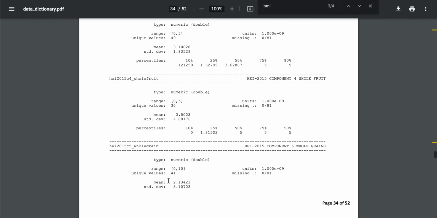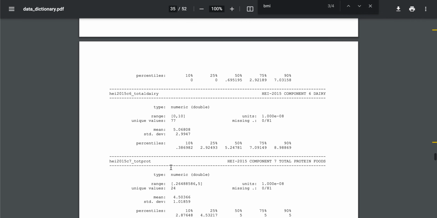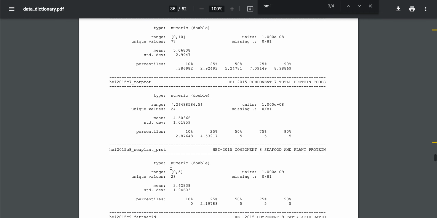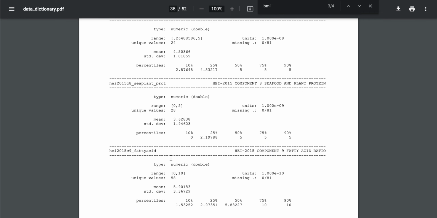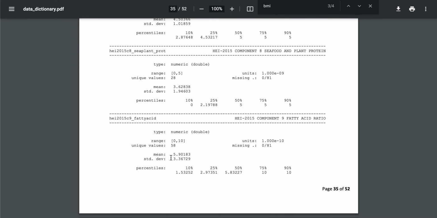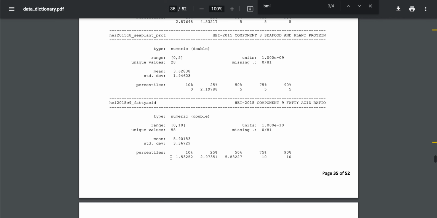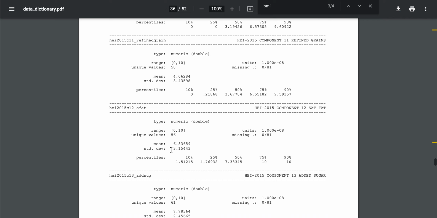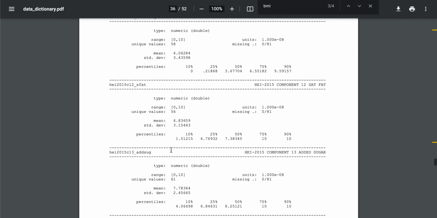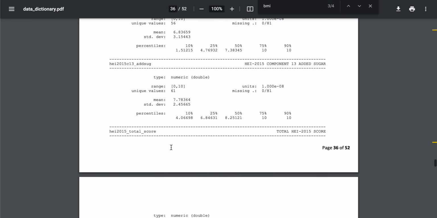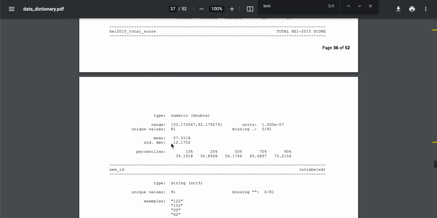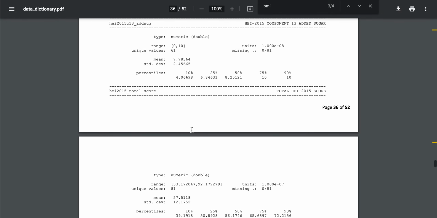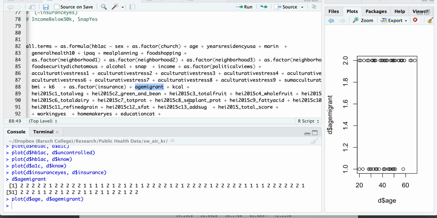And whole fruit, whole grain, dairy, protein, seafood, plant protein, fatty acid, sodium, refined grain, saturated fat, added sugar, and there's a total score. None of them had any missing values, so we use all of them, and they are important.